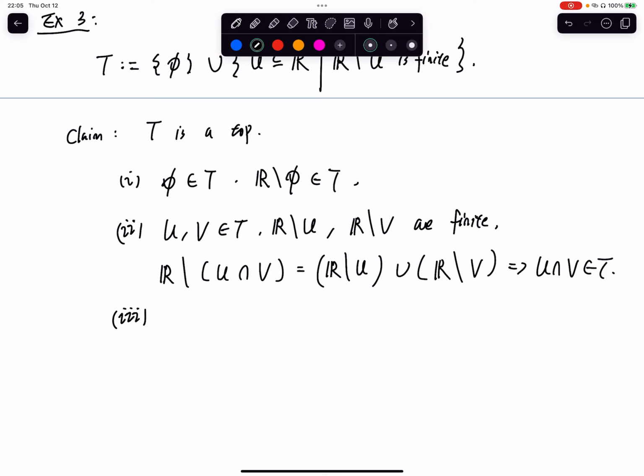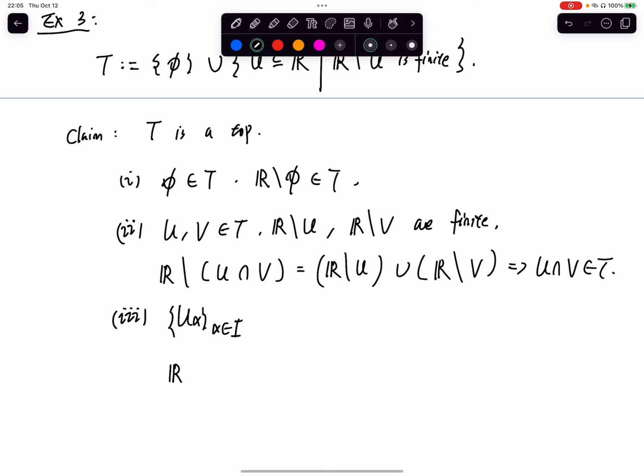And it left us to prove the arbitrary union. So let U alpha, alpha indexed by I, be open sets in T. And still, without loss of generality, we may assume each U alpha is non-empty.